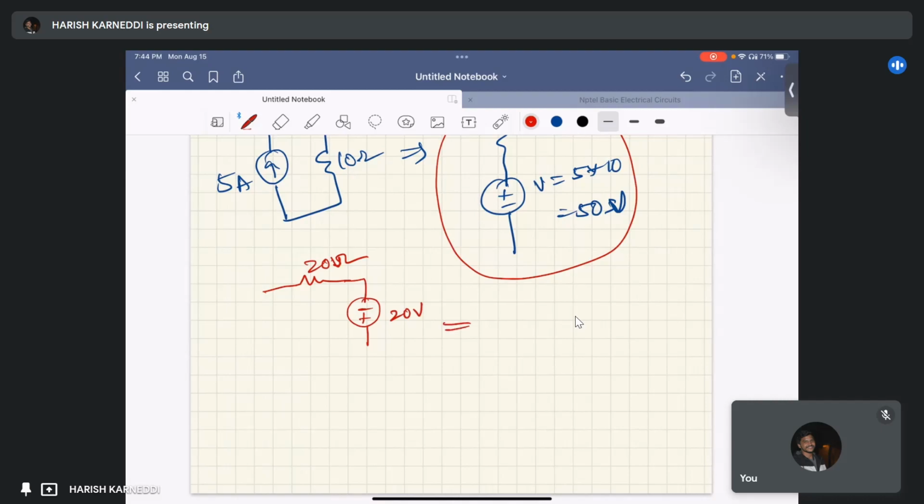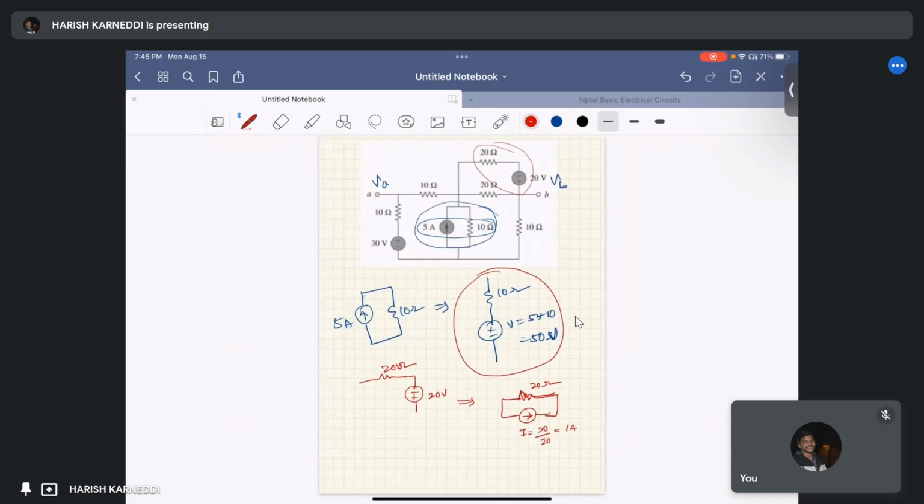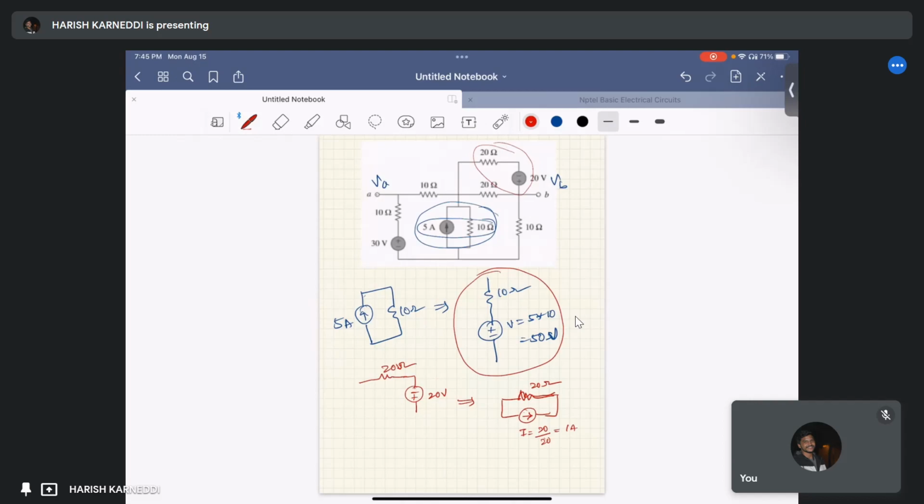This can be represented with the 20 ohm remains same, and the positive potential is downward, so I equal to V by R, that is 20 by 20, that is 1 ampere, right?